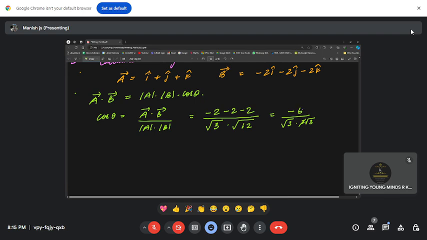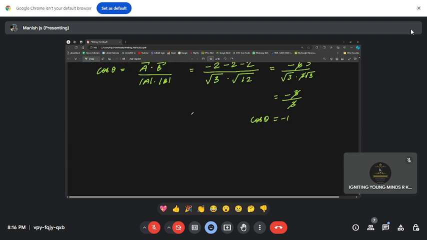So 2 ones are 2, 3s are 3. So finally, how can you express the answer? So you can write it as minus 3 upon root 3 times root 3, which is 3. So that gets cancelled, you get minus 1. So if cos theta is minus 1, what is the angle theta?